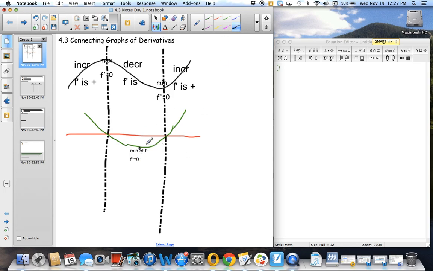So I'm going to make a new little dotted line that goes right through here because on our next derivative, now we're graphing the second derivative. So let me put something on here real quick. This guy right here is f. This guy right here is f prime. And the next graph I draw is going to be the second derivative, or f double prime.